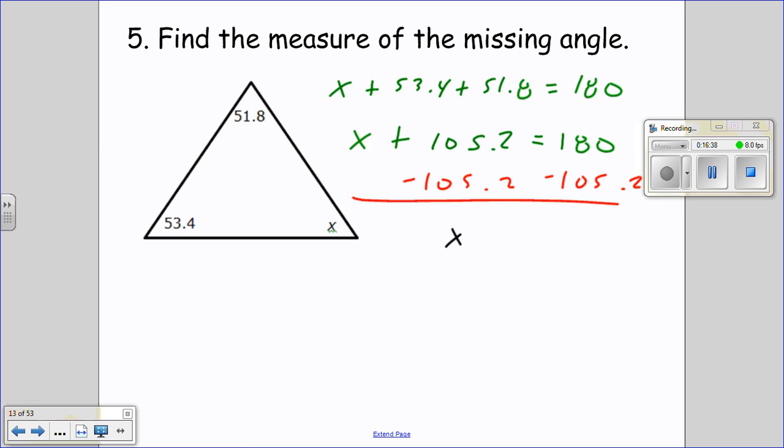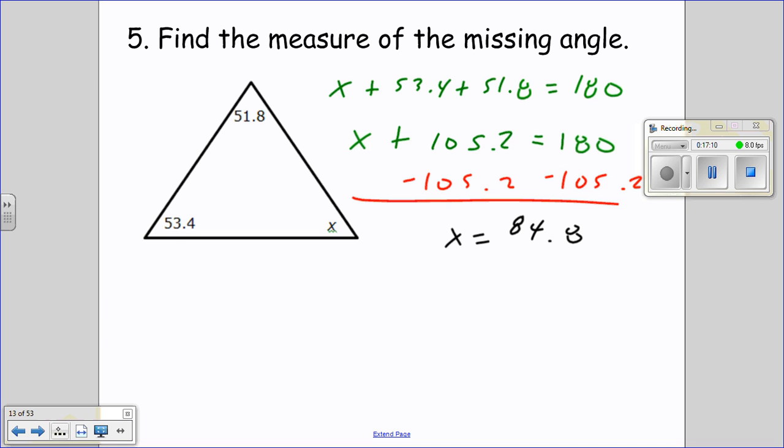And you would have x is equal to... No, that sounds way too large. 74.